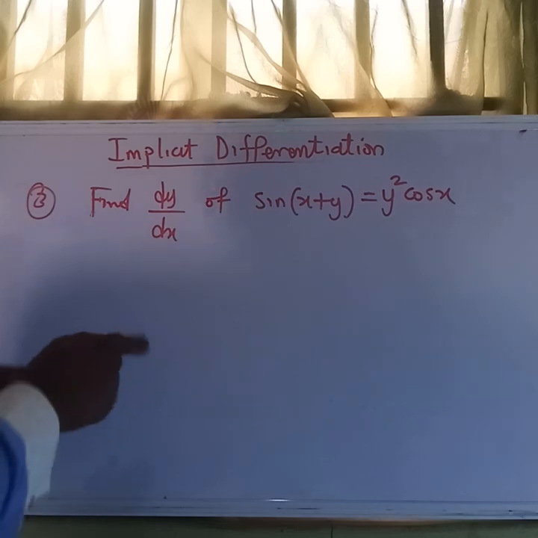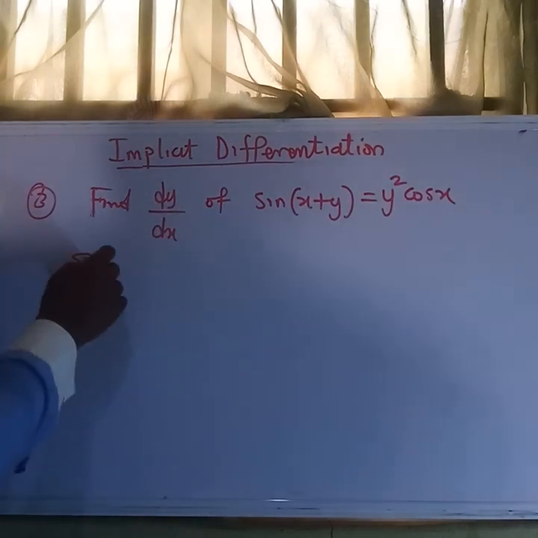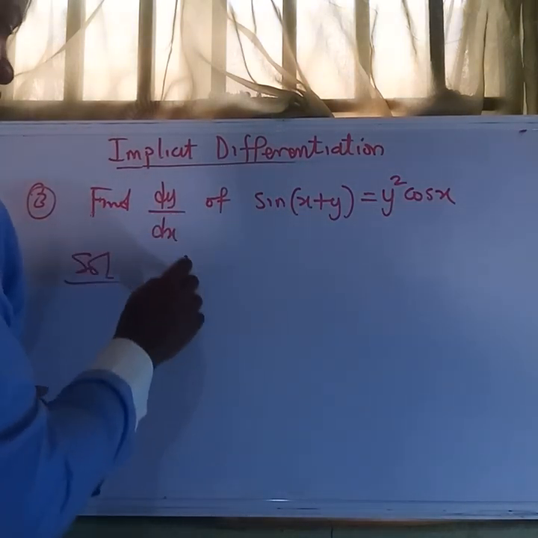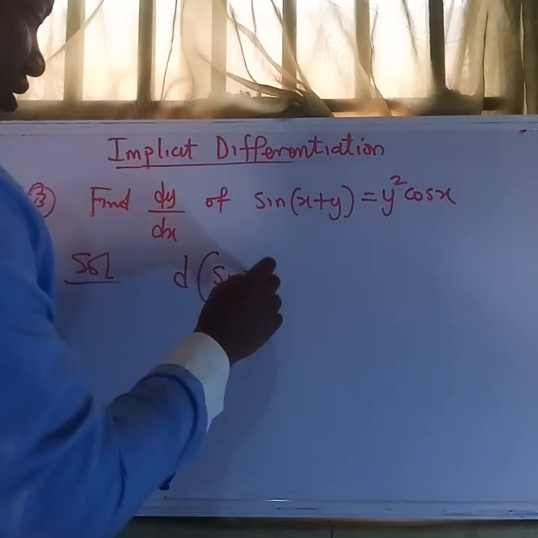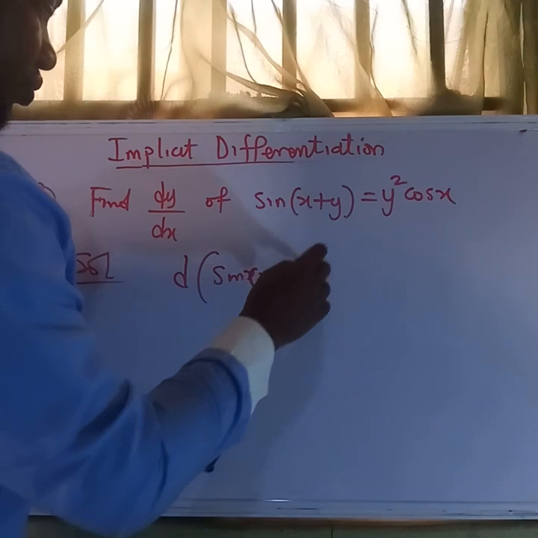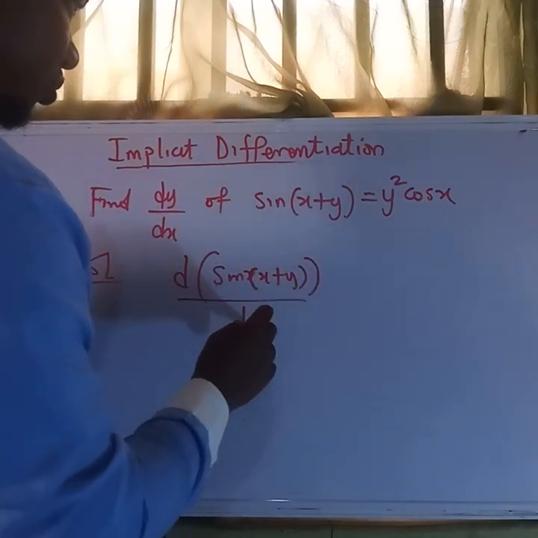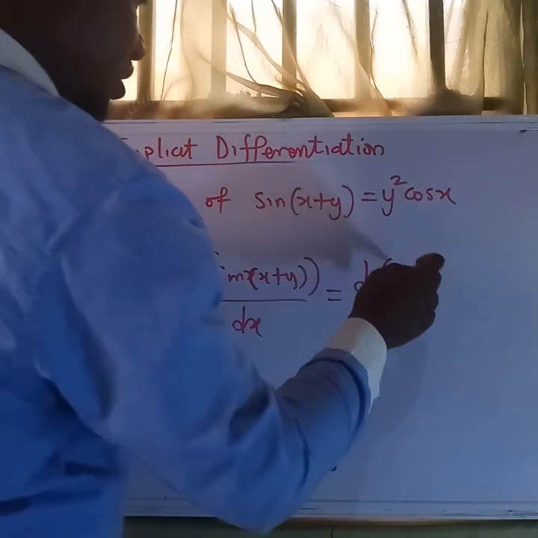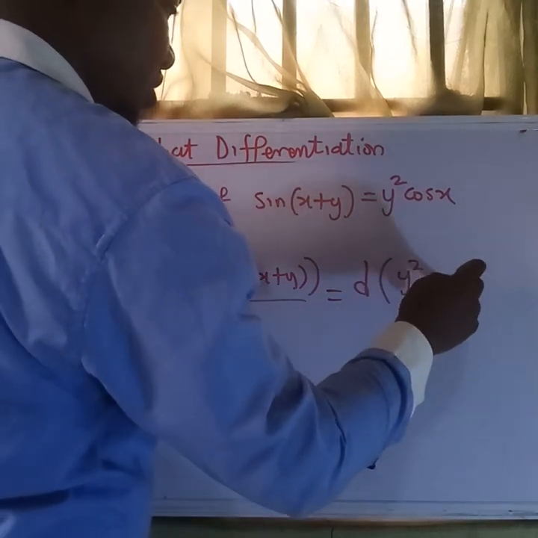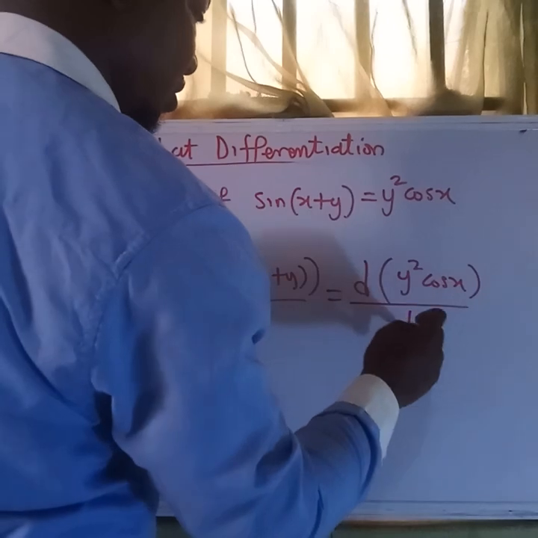So, solution. Let's do it straight away. We want to differentiate the right hand side, y squared cos x, with respect to x.